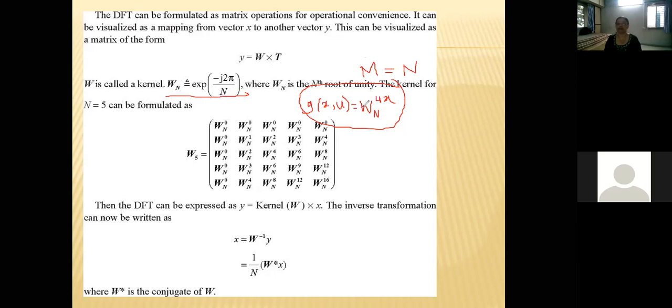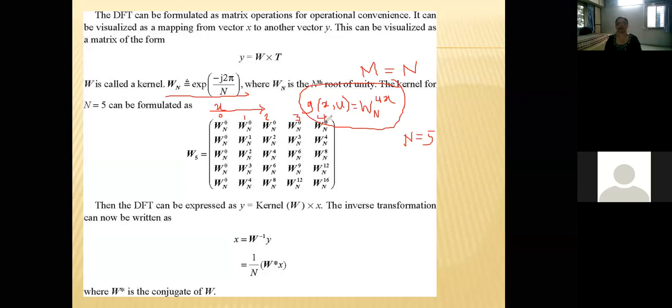When we write it as Wn raised to ux, in order to determine this matrix, we can vary x in the direction shown by the horizontal arrow. Here we are varying x from 0 to n minus 1. Now if n is 5, x is varying as 0, 1, 2, 3 and 4.